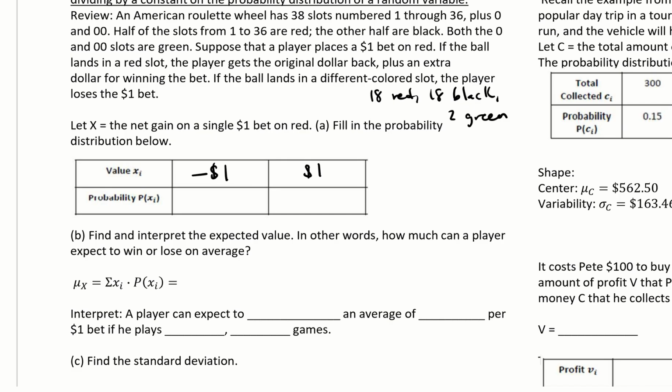So if you place a $1 bet on red, there are 18 red, so there's an 18 out of 38 probability that you would win if it went on red. And then there's a 20 out of 38 probability that it's not on red, 18 black and 2 green. So if it's on neither of the red slots, well, then you lose $1.